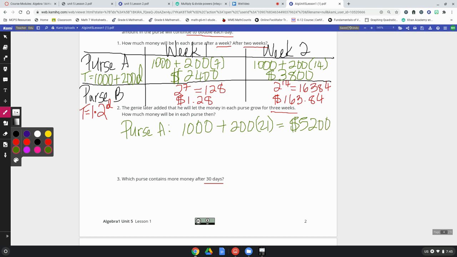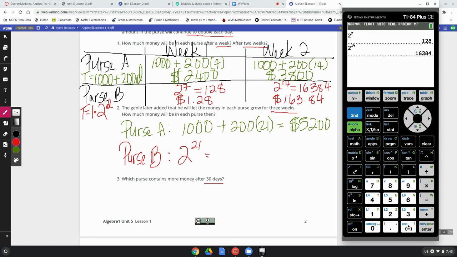For purse B, okay, it's going to be 2 to the 21st, which is, oops, 2 to the 21st.